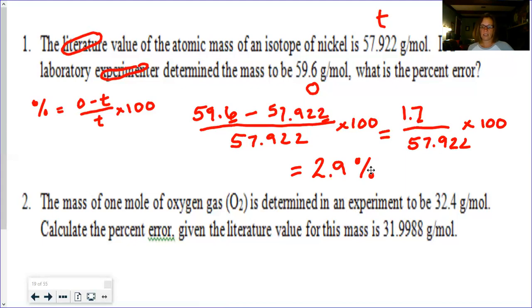Okay, then you get to the end of this problem and you ask yourself, does that make sense? Should my percent error be positive? Is my observed value too high? Yes, it is. Okay, so the sign of the percent error makes sense. Does the magnitude of the percent error make sense? Oh, about 3% error? Yeah, that seems right. 59.6 isn't that far off from 57.922.